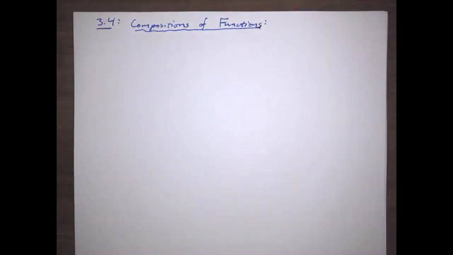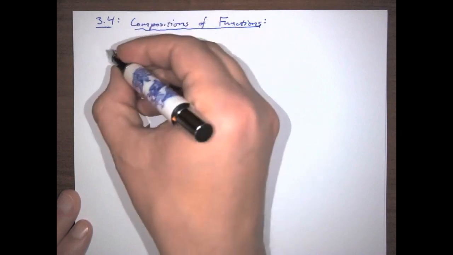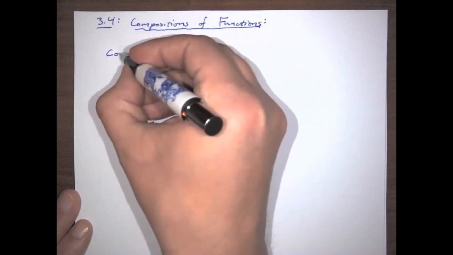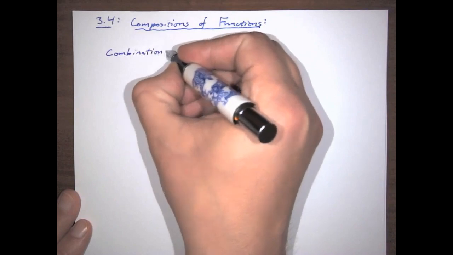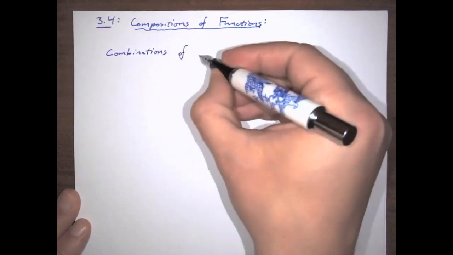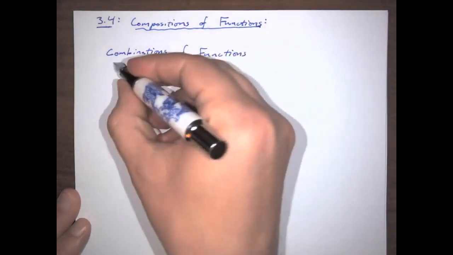The first installment is just combining functions by adding, subtracting, multiplying, or dividing. So these are first what are just called combinations of functions.